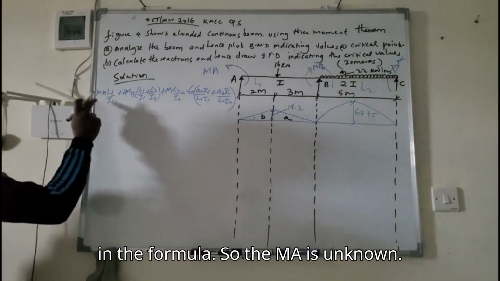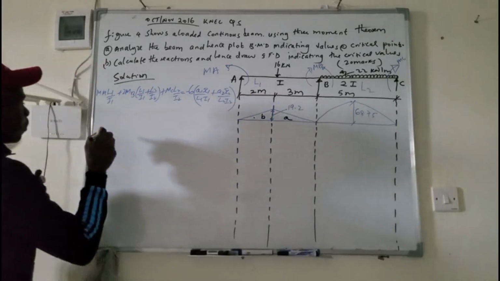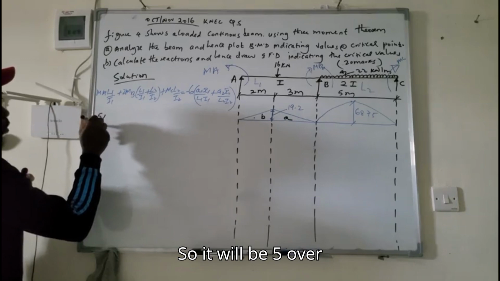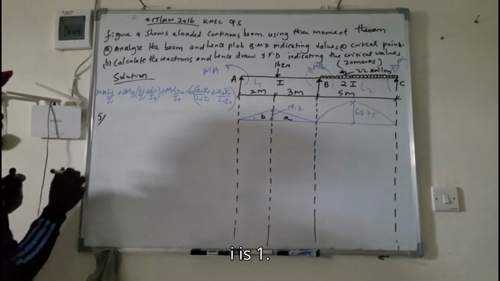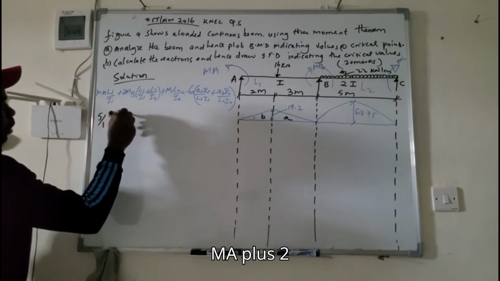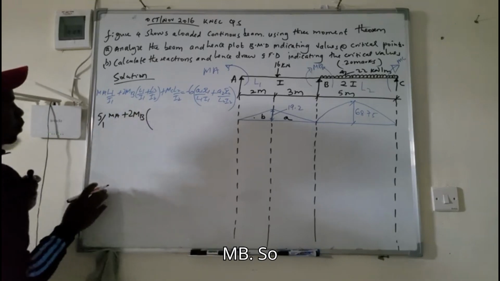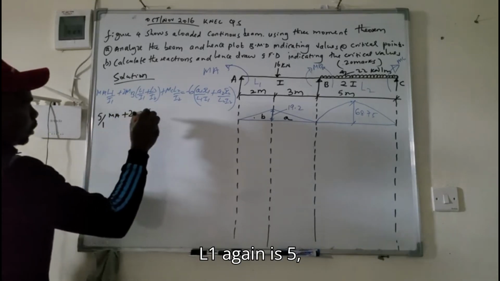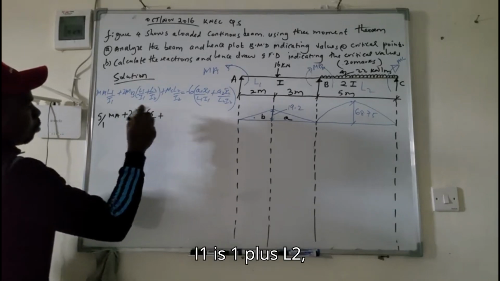So the MA is unknown. L1 is 2 plus 3, that is 5. So it will be 5 over I1, which is I. The coefficient to I is 1. MA plus 2 MB. So L1 again is 5. I1 is 1 plus L2.